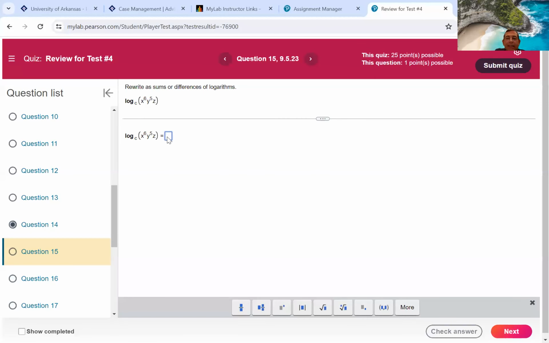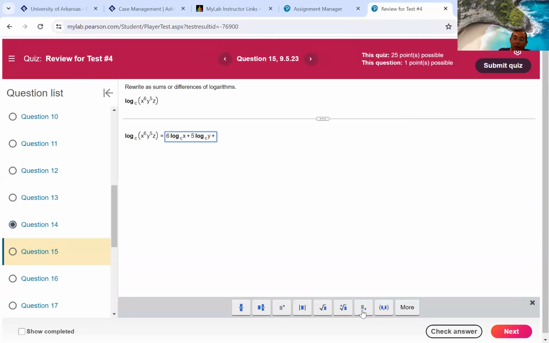So I had 6 log. Then I'm going to hit that subscript button, put in my C, arrow right, and put in my X. Then I got a plus, and then I'm going to do all that again. 5 times log, hit the subscript again, put in my C, arrow right, put in my Y, and then I have a plus.